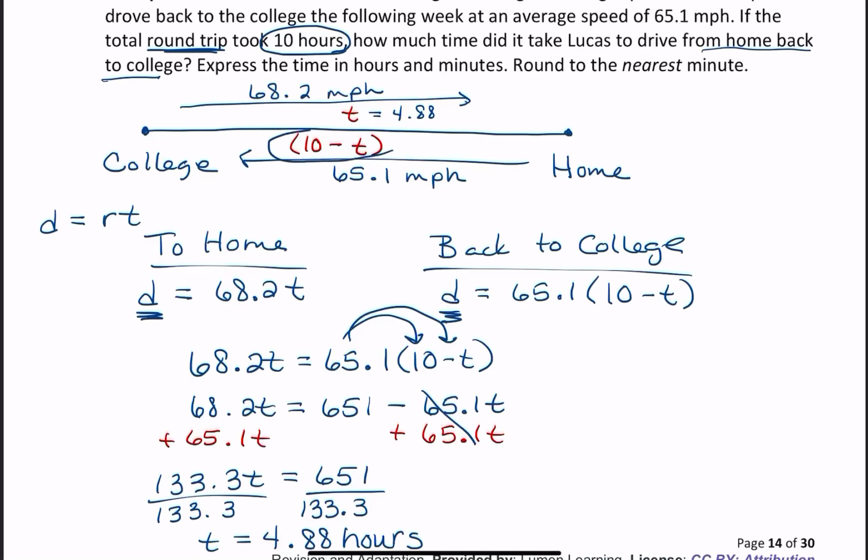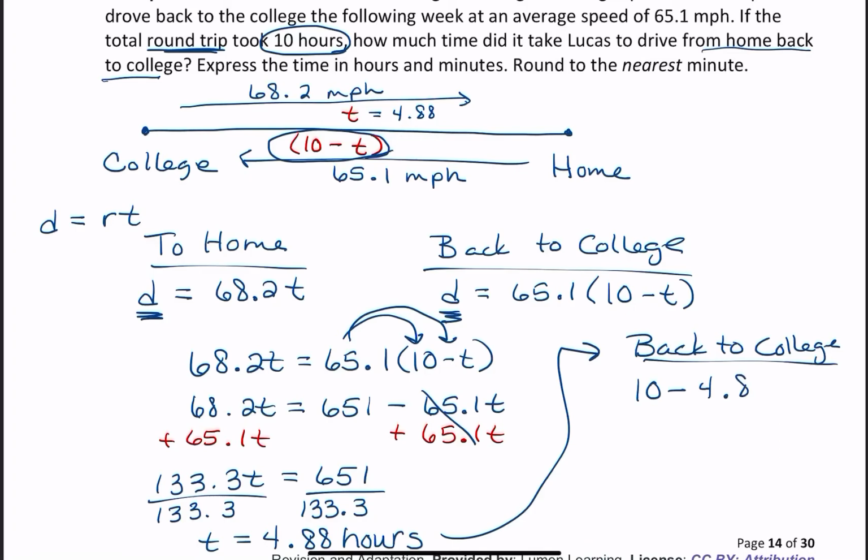So we're wanting this amount of time. To go back to college, you're going to have 10 minus your t, which is 4.88. And when you subtract that, you get 5.12.